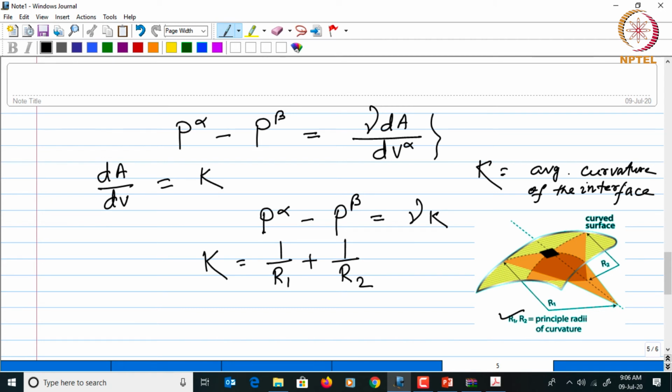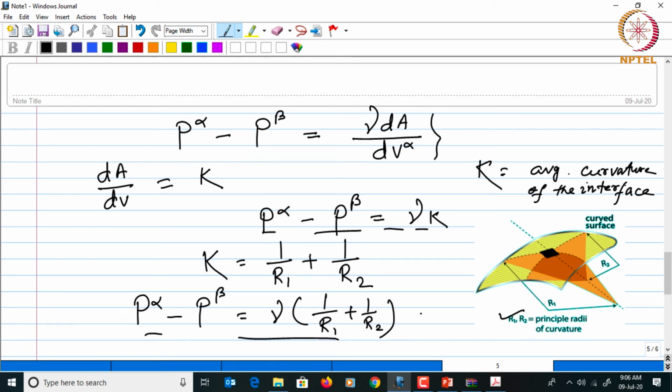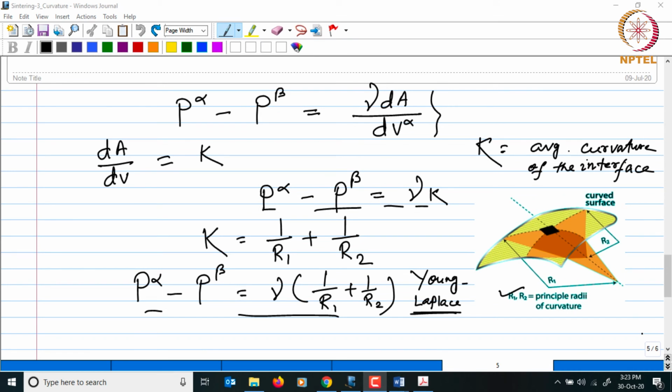So a generic form of this for any given curved surface with radii R1 and R2, this equation can be written as, and this is the well-known Young-Laplace equation. It basically describes the stress on a curved surface.